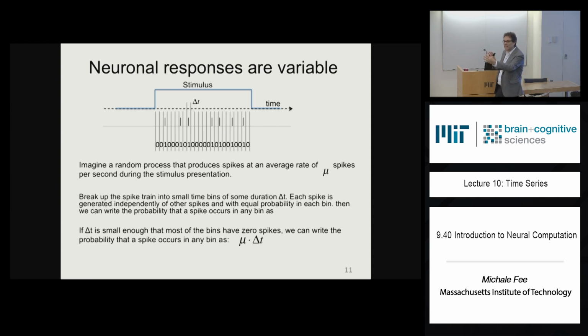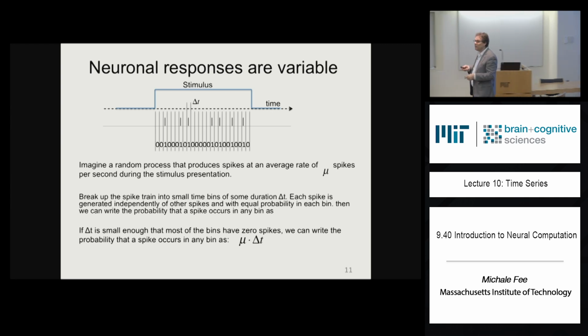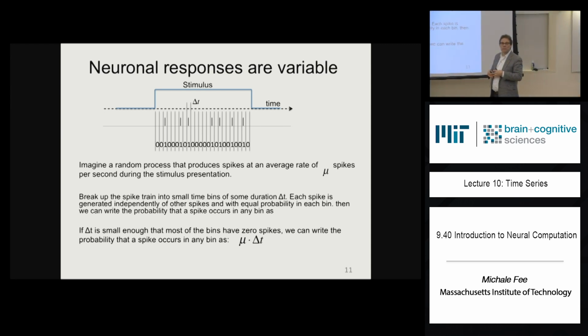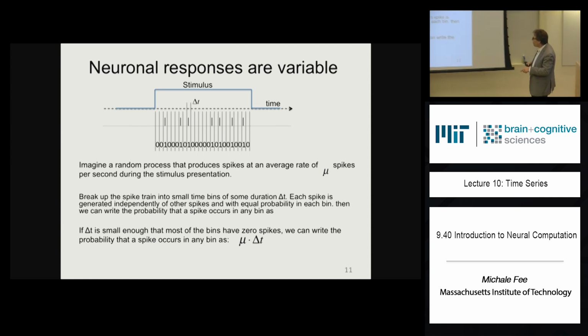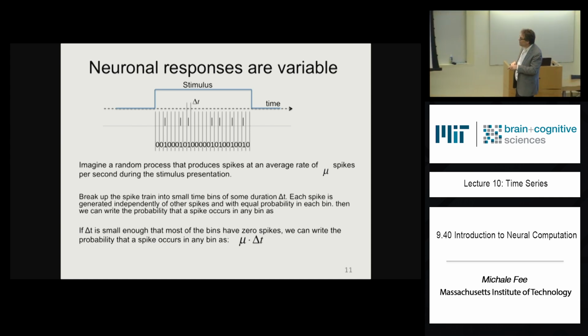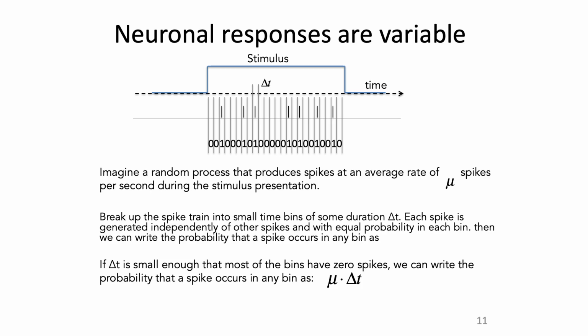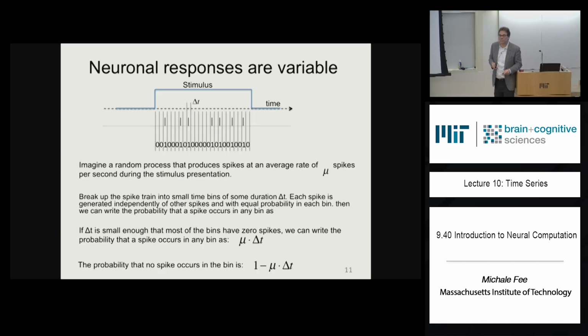Because if delta t gets big, then you have some probability that you could have 2 or 3 spikes. So this is only true in the case where delta t is very small. All right. So the probability that no spikes occur is 1 minus mu delta t.